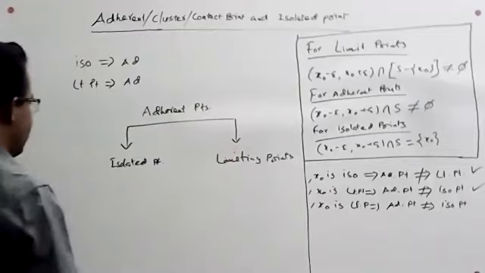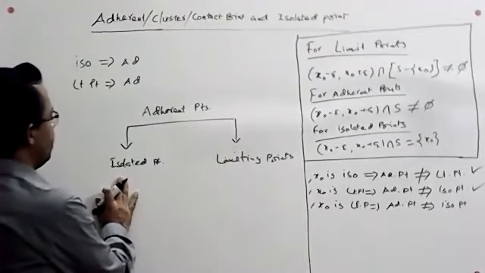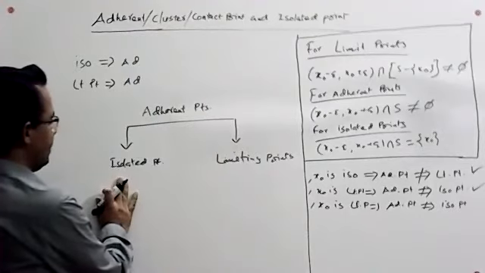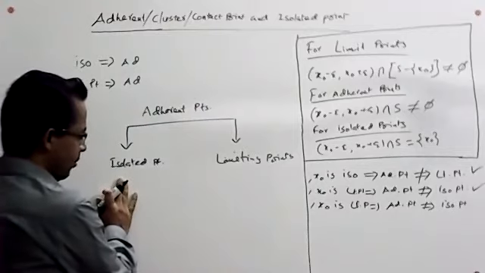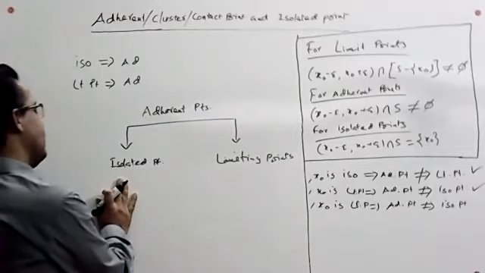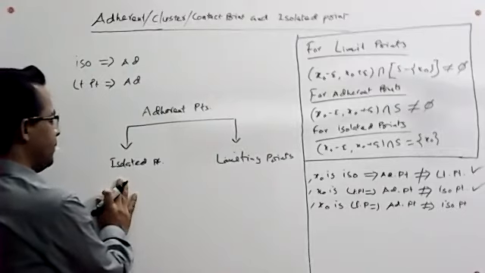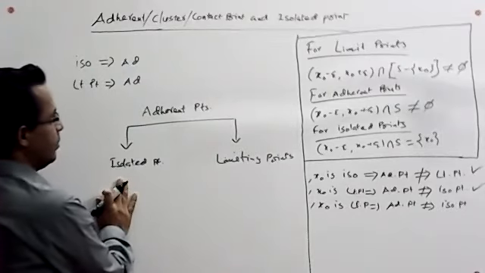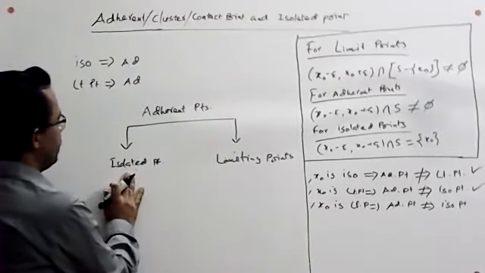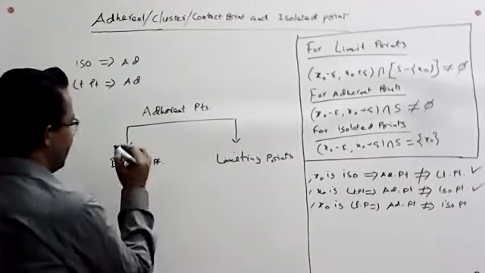We know that the set of isolated points is itself. That is, every member of the set is an isolated point of the set if there exists an isolated point. So the set of isolated points can be denoted by S itself.